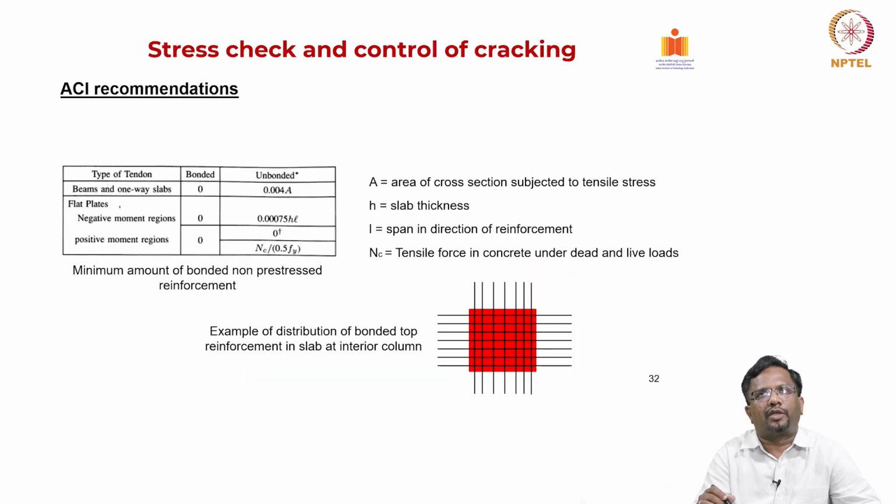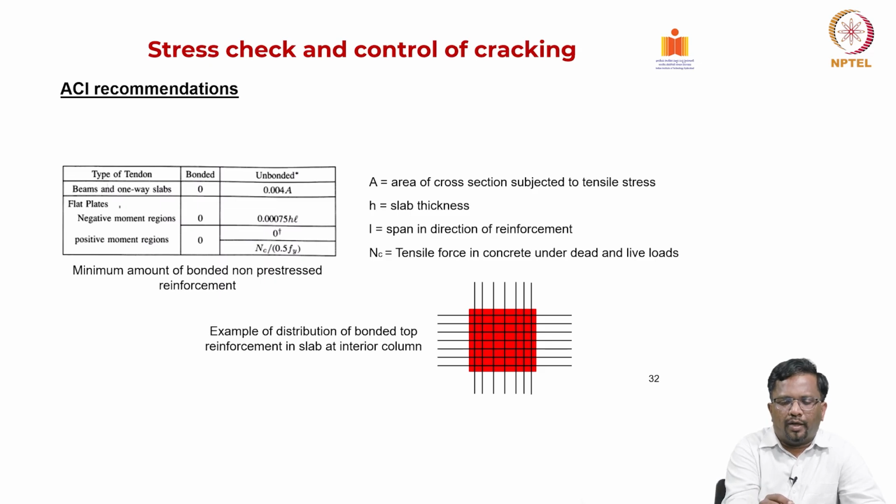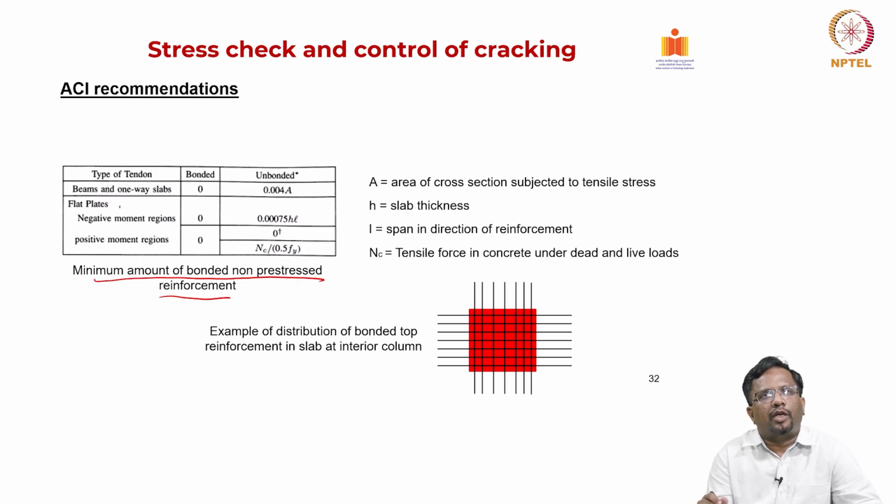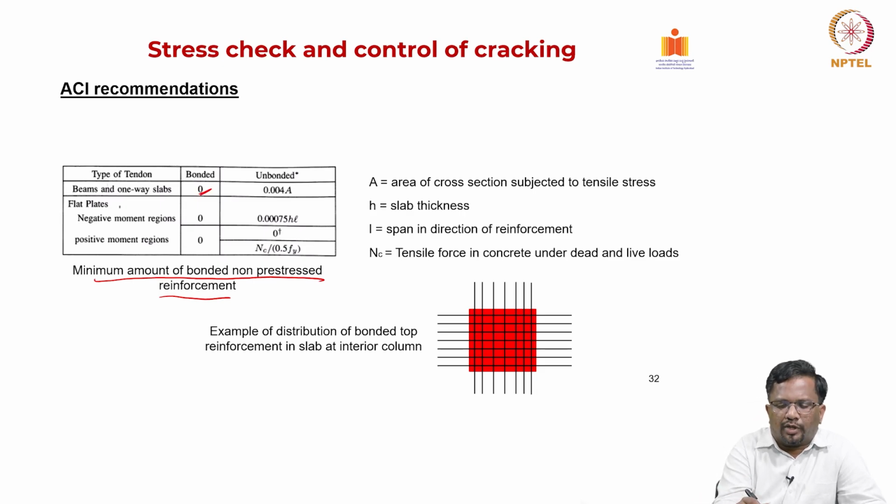Now, stress check and control of cracking. So, you can see here the ACI recommendations are, this is the minimum amount of bonded non-prestressed reinforcement that is required. In beams and one-way slabs with a bonded system, you don't need to have an extra non-prestressed rebar.